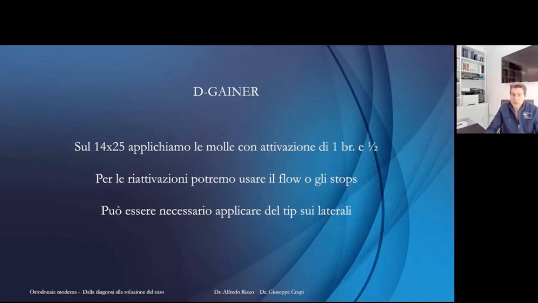It may be necessary to apply a root mesial tip on the lateral incisors in order to prevent a mesial inclination due to the backfiring of the spring. So we can have this hypercorrection tip on the lateral incisors in order to counteract this backlash of the spring.